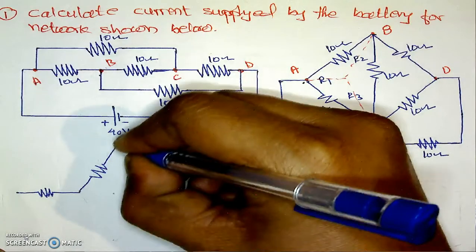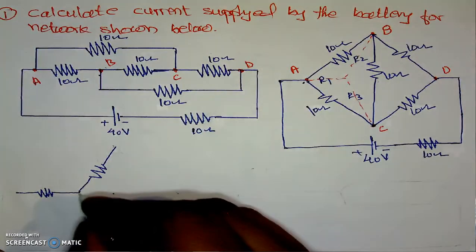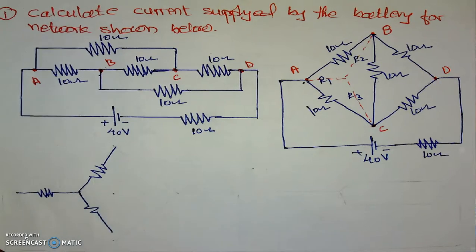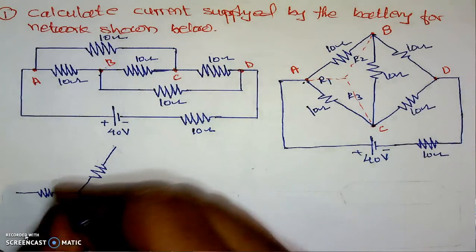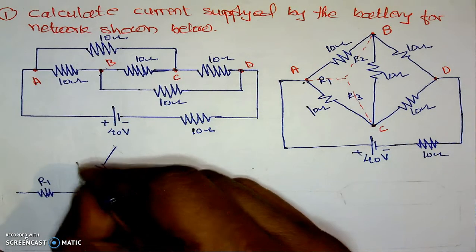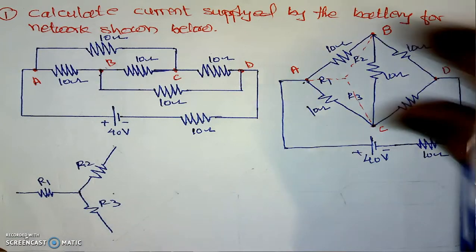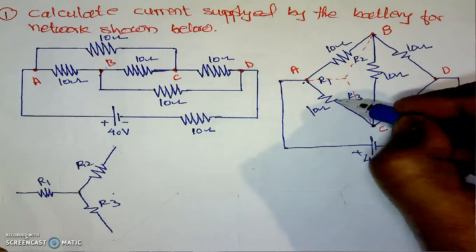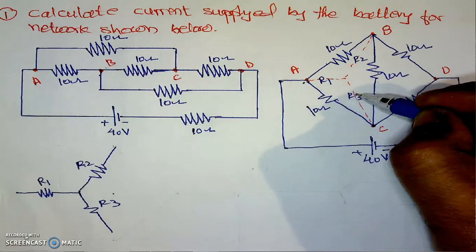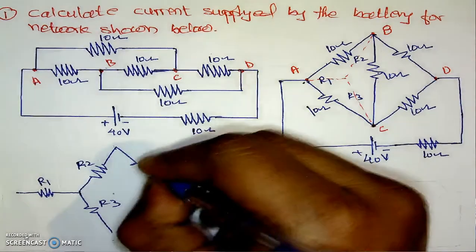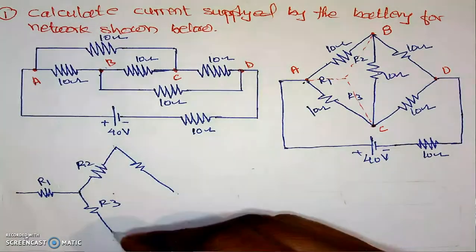This is the second resistance which is R2, and here will be the third resistance which is R3. These three resistances are replaced by the inner three resistances, that is the star resistances, and the remaining part of the circuit will be the same.